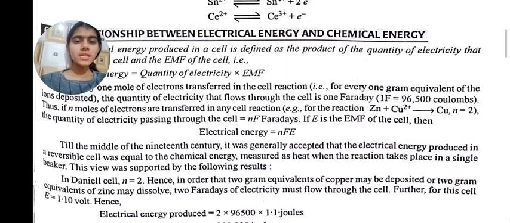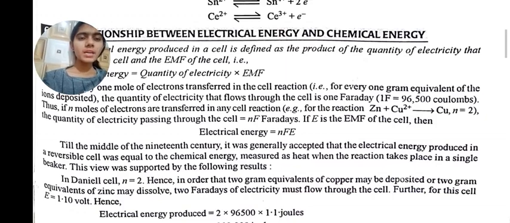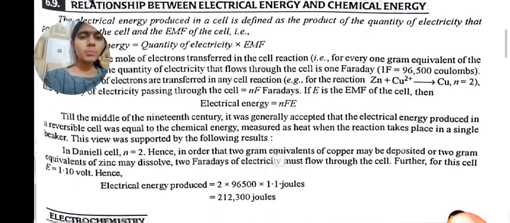In the Daniell cell, n is equal to 2. Hence, in order that 2 gram equivalents of copper may be deposited or 2 gram equivalents of zinc may dissolve, 2 Faradays of electricity must flow through the cell. Further, for this cell, E is equal to 1.10 volt.